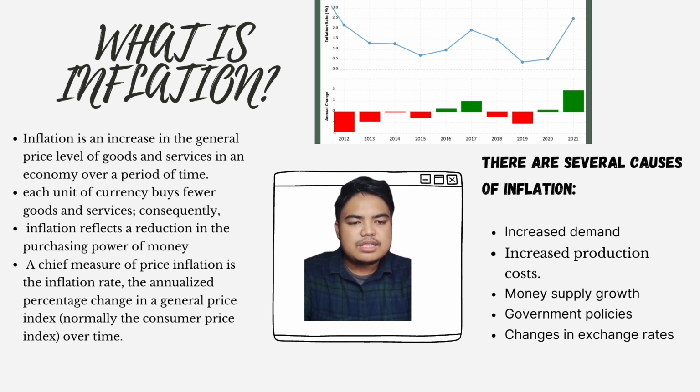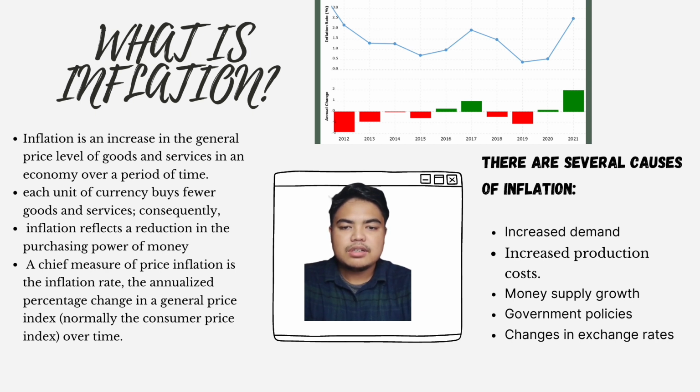Consequently, inflation reflects a reduction in the purchasing power of money, a loss of real value in the medium of exchange and unit of account within an economy. A chief measure of price inflation is the inflation rate, the annualized percentage change in the general price index.